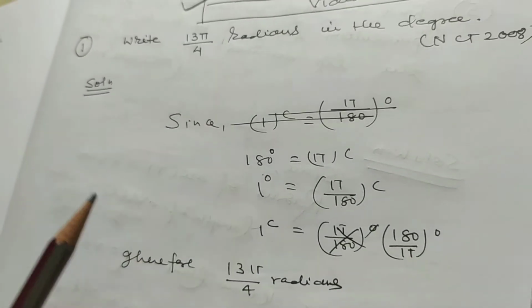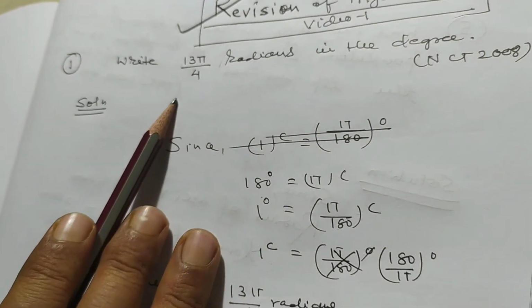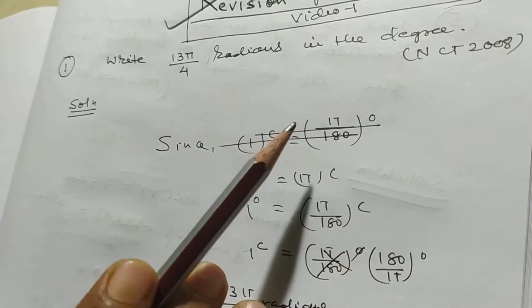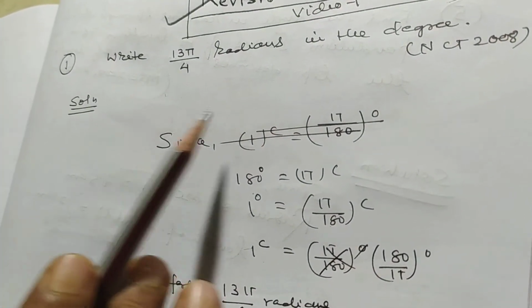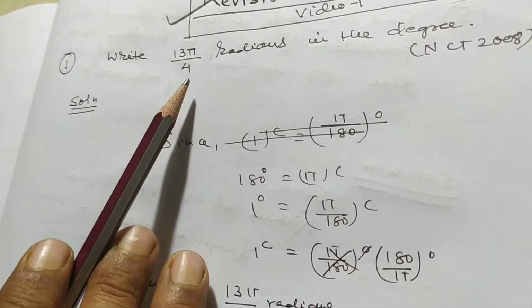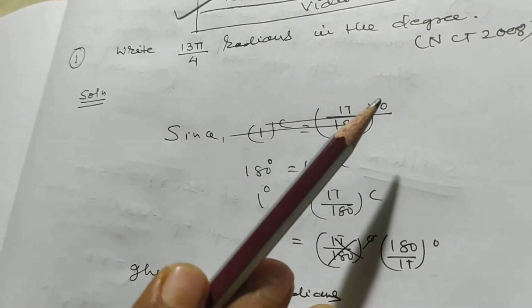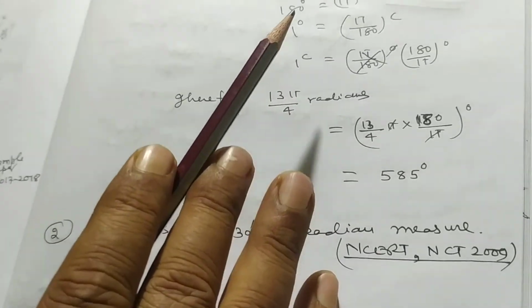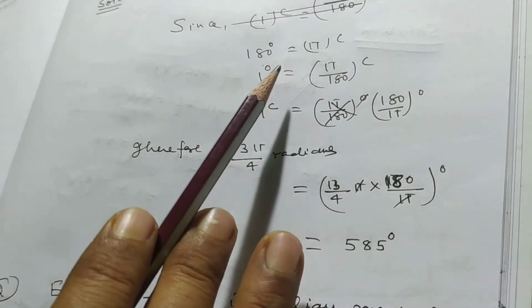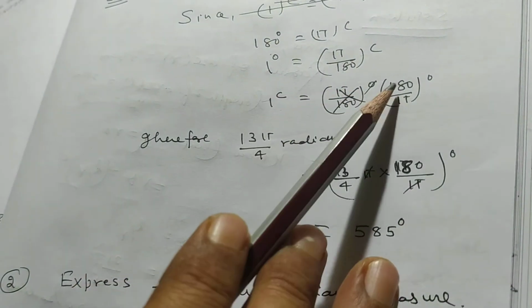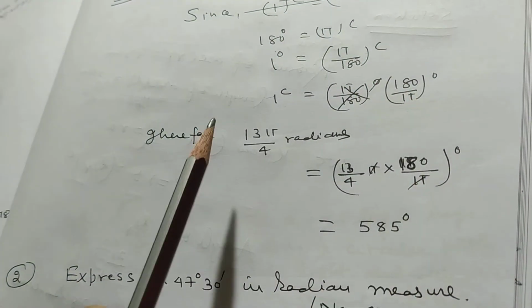So there are some problems which are based on this concept, relation between degree and radian. Write 13 pi by 4 radians in degrees. 180 degree is equal to pi radian. 1 degree is equal to pi by 180 radian, and 1 radian is equal to 180 by pi degree.